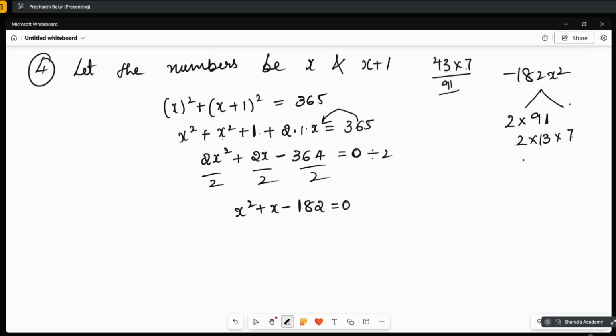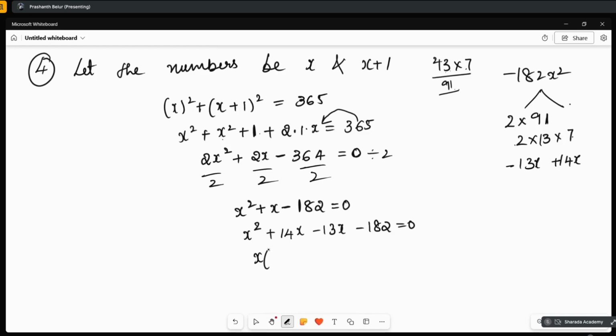So 7 2s are 14, 13 and 14 you will get for x here. Here it is plus, so 14 is plus, this is minus. So you will get x square plus 14x minus 13x minus 182 is equal to 0.